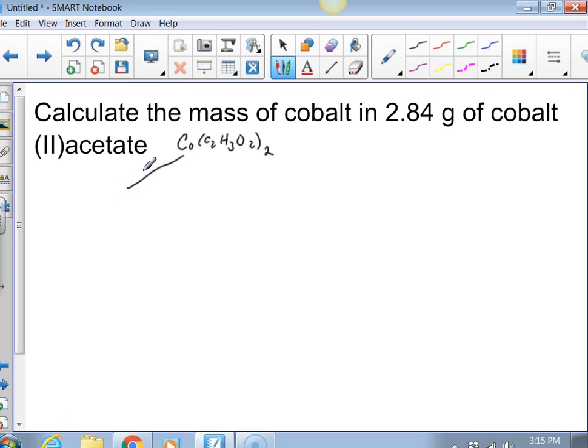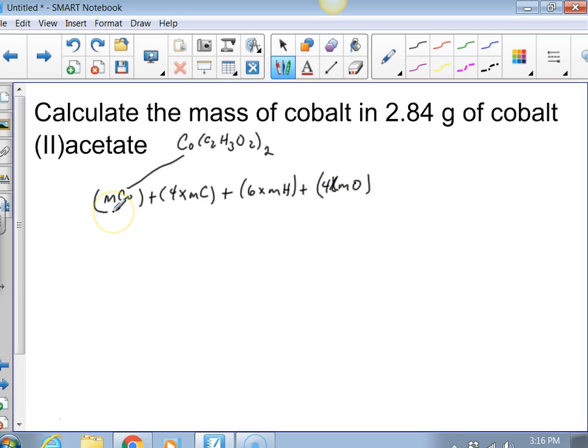All right, so adding up the molar mass, we've got mass of cobalt plus 2 times 2, 4 times the mass of carbon, plus 2 times 3, 6 times the mass of hydrogen, plus 2 times 2 is 4 times the mass of oxygen.